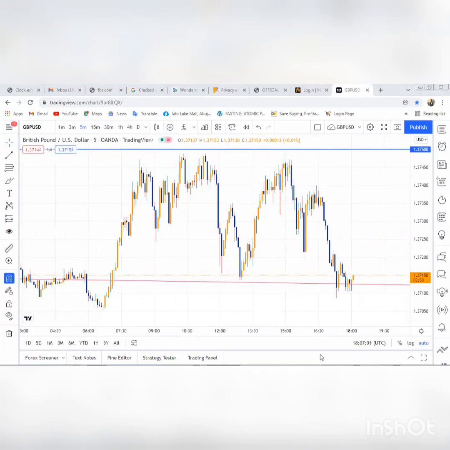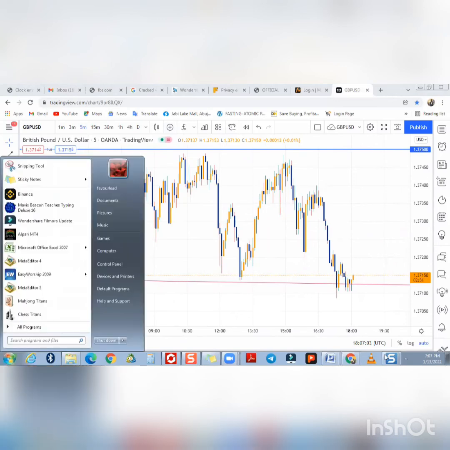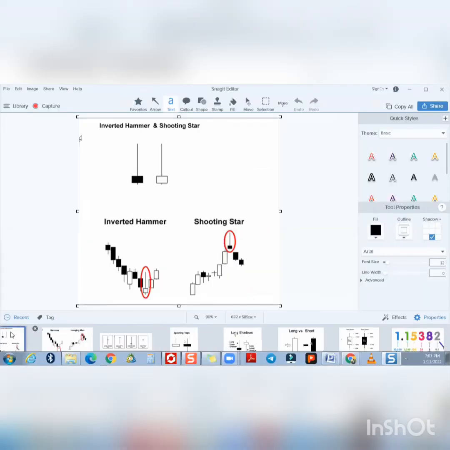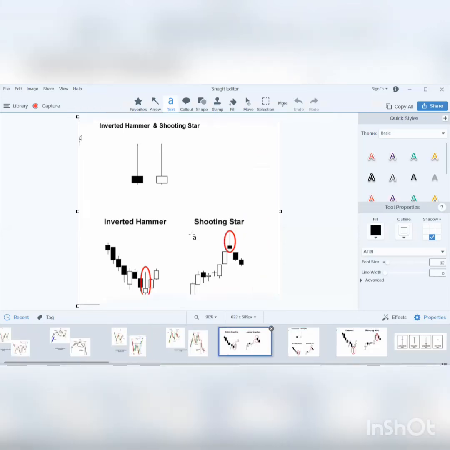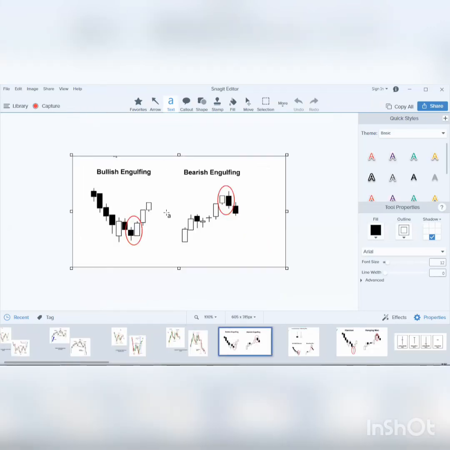So the fifth candlestick pattern we'll be talking about is the engulfing candle. We have the bullish engulfing candle. These patterns signify reversals in the forex market.